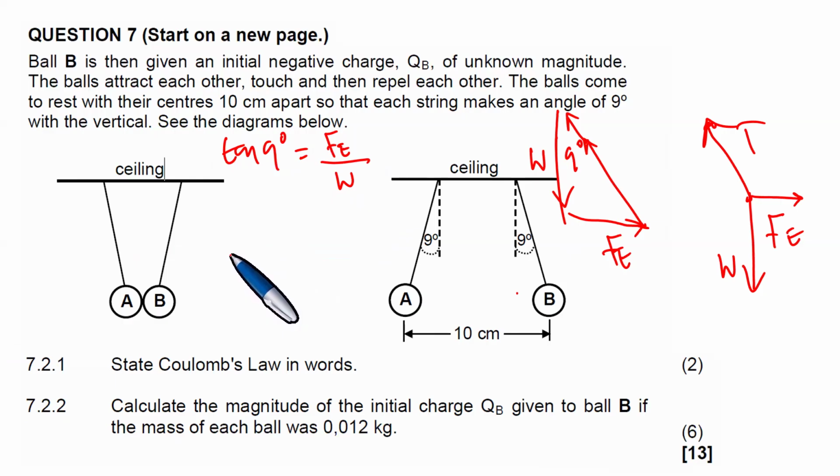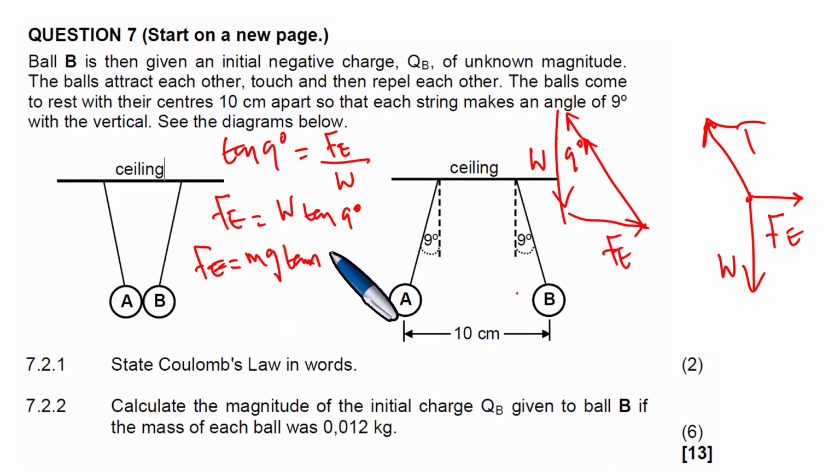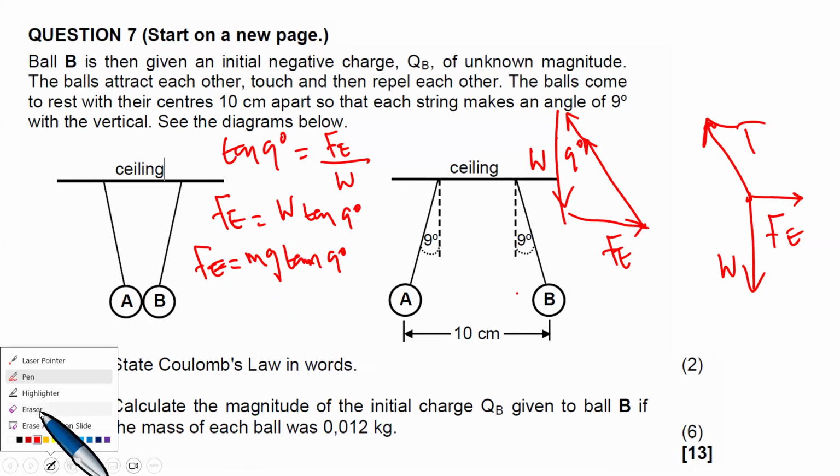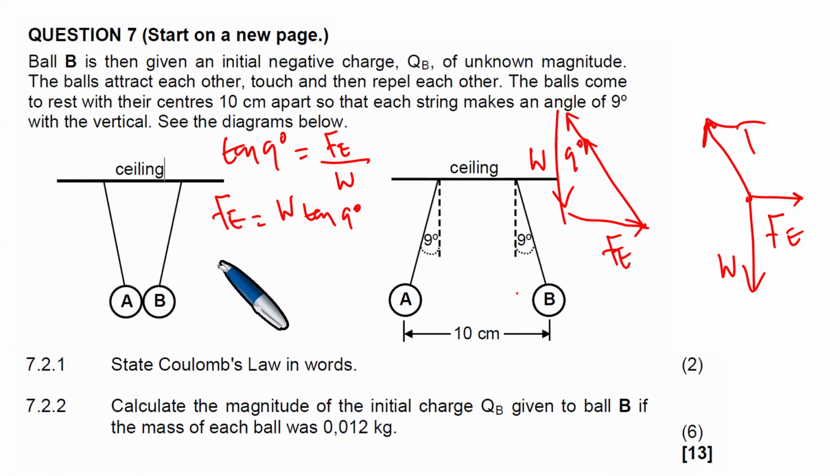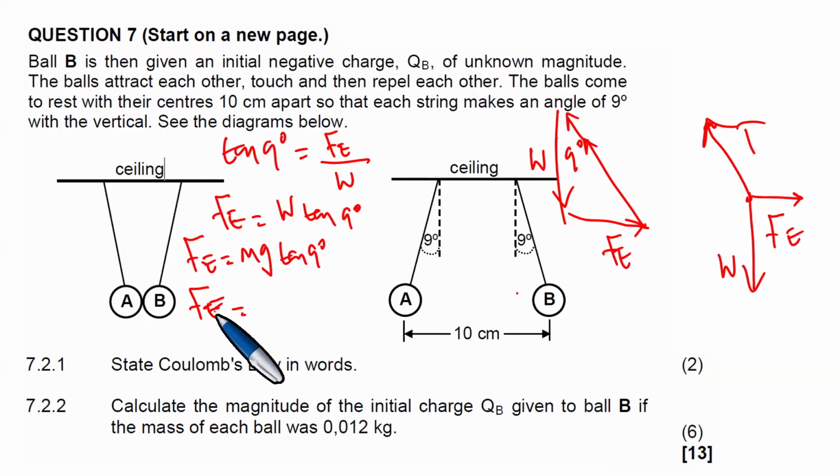And then we'd be interested in finding the electrostatic force for 9 degrees, which is mg tan 9.